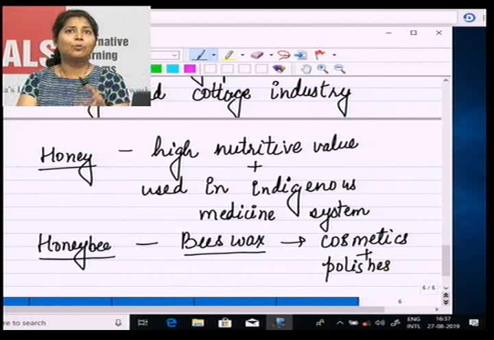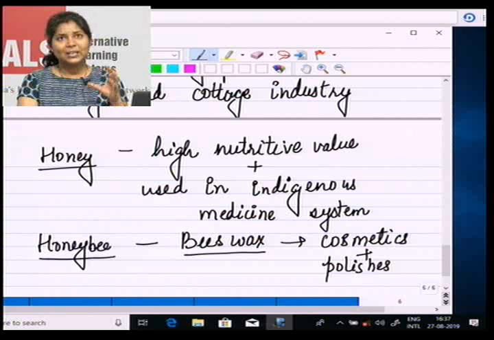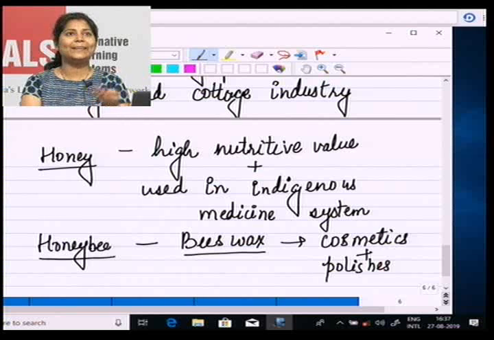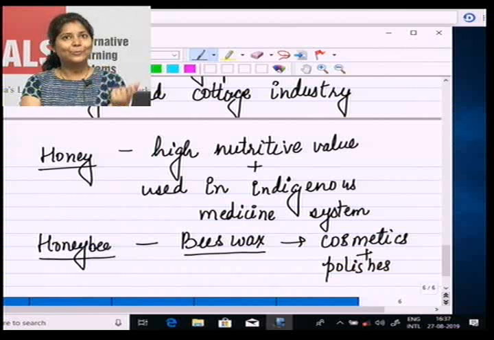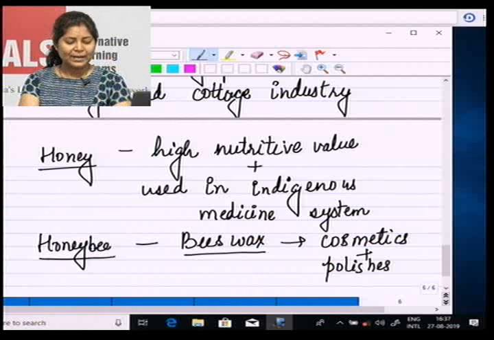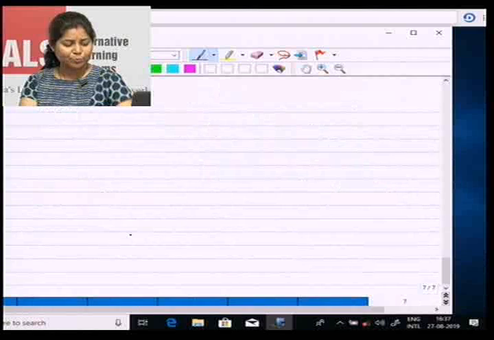Pollination is a very important process carried out by the honeybee. The honeybee is thought to be the largest pollinator group of insects, and that helps us in getting all the things you can see around, whether it is good food, fruits, vegetables, everything. That is because of pollination.